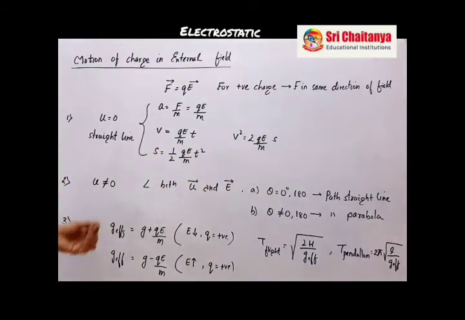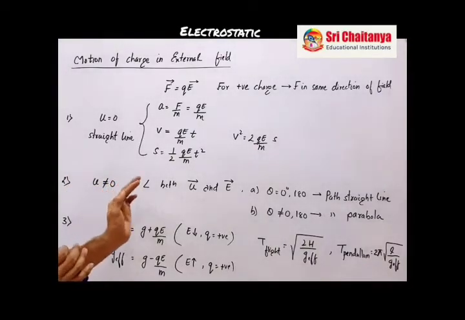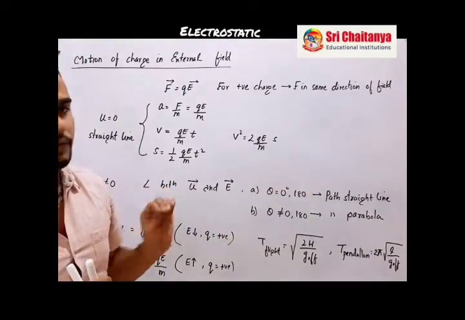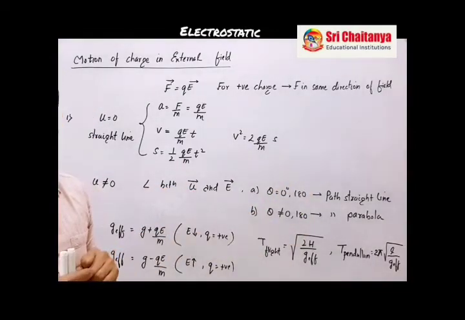Now the second situation. If initial velocity is not 0, then your path will have two possibilities. This is the important part, questions are asked from here. What type of path will your charge get?